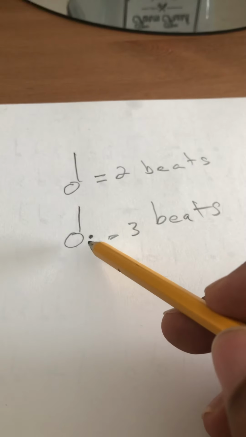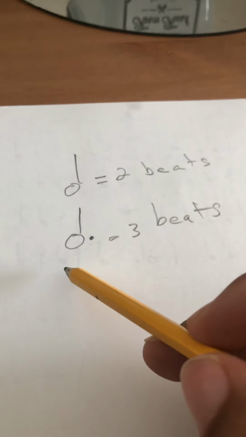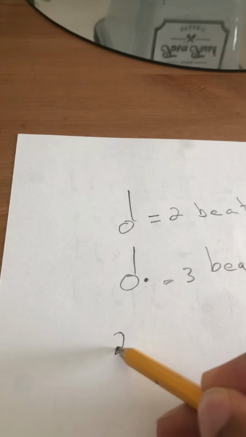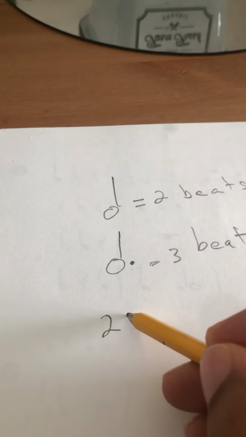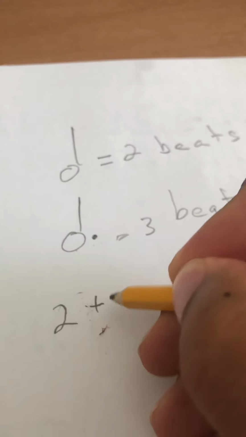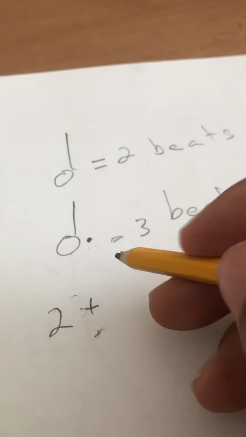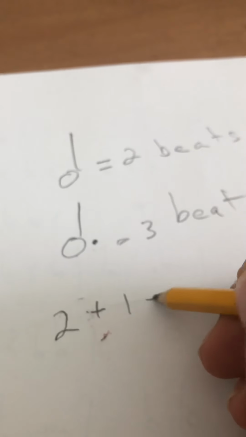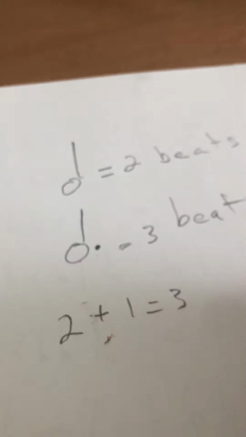So what's half of 2? 1. Okay, so you have the 2 beats from the half note plus, it's like addition, it adds an extra half. So half of 2 is 1, which equals 3.